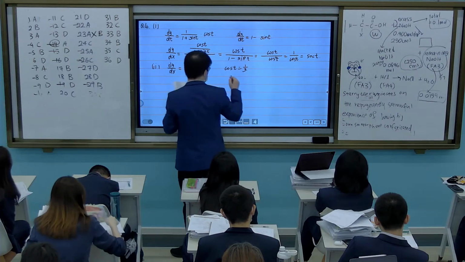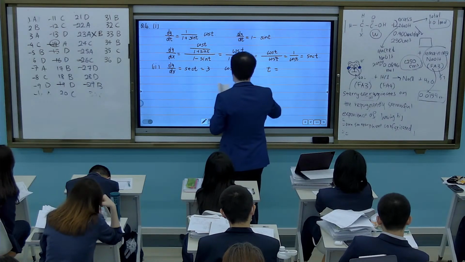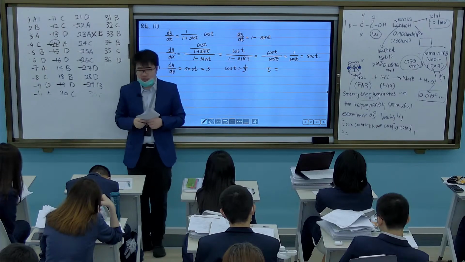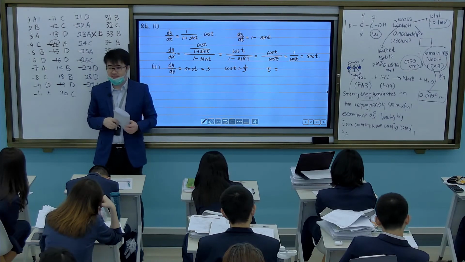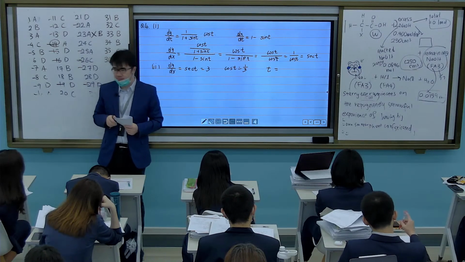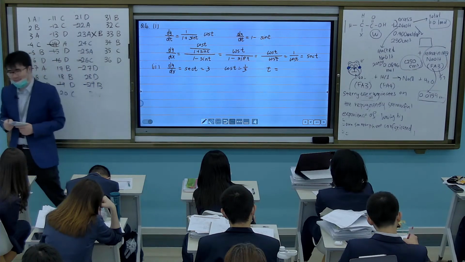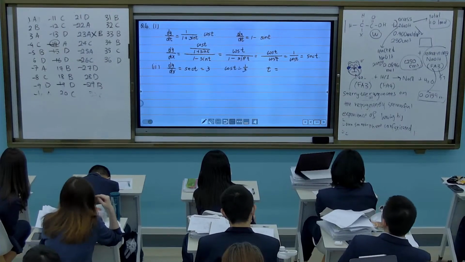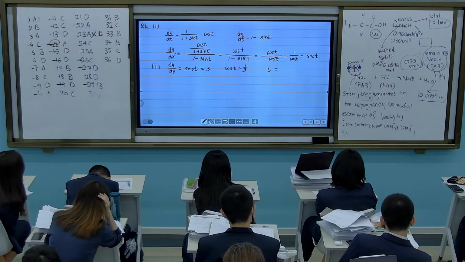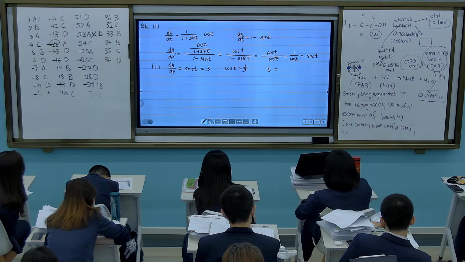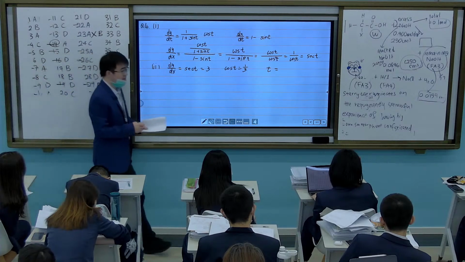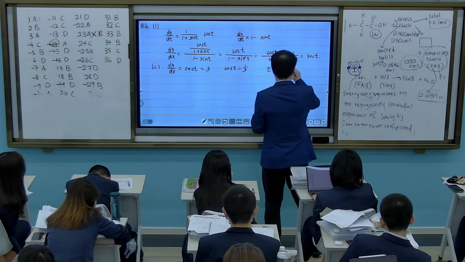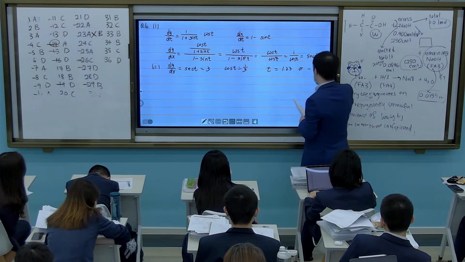Of course, you need to calculate the value of t in the range from negative pi over 2 to pi over 2. So now what is the value of t? Two values, right? 1.23 or negative 1.23.